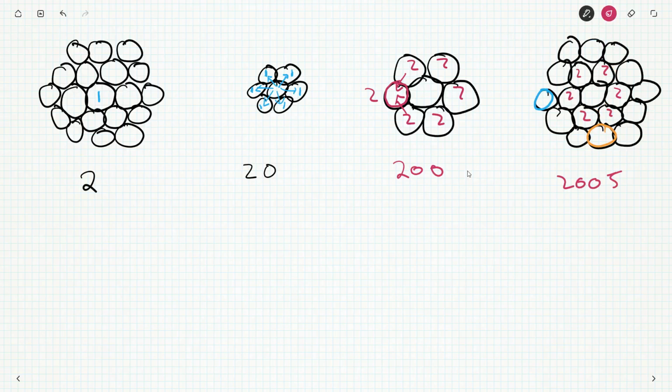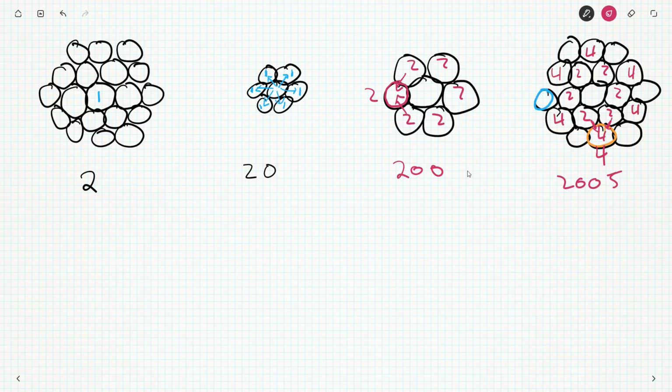So we need to add on a 5. Well, how can we get to these orange side 5s? Well, there's 2 ways coming from this 0 and 2 ways coming from this 0, so it's a total of 4. And so we get 4s in each one of these orange side 5s.